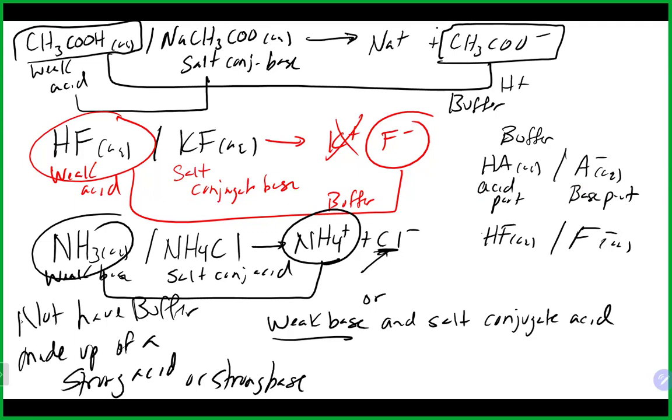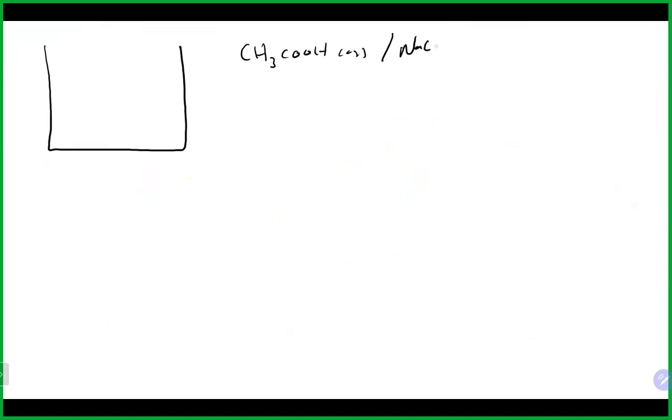So why can you not make a buffer that is composed of a strong acid or strong base? The real reason is, I'll do it here. When you look at a buffer, and we'll take a look at like our acetic acid and sodium acetate buffer. Because this guy is a weak acid, it's a weak electrolyte.